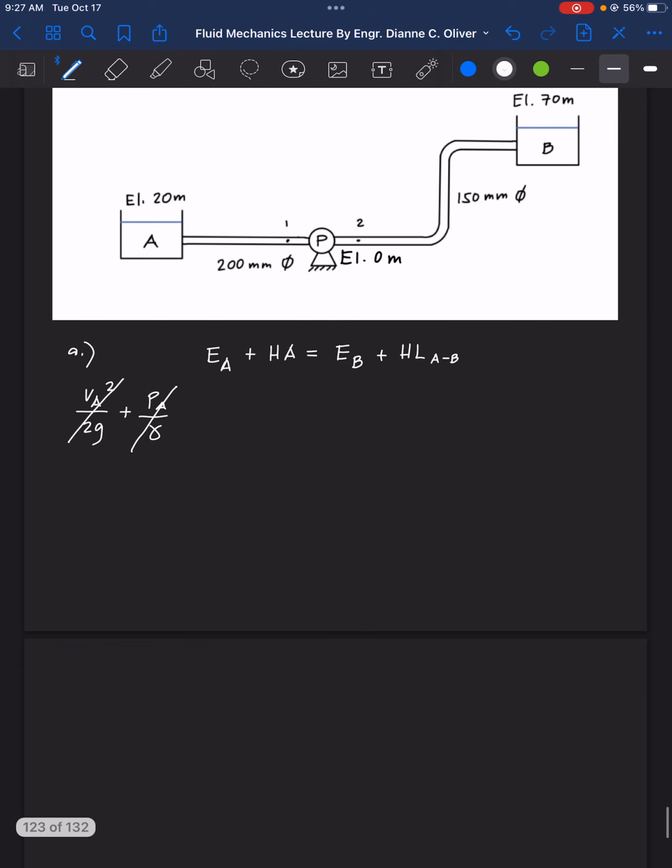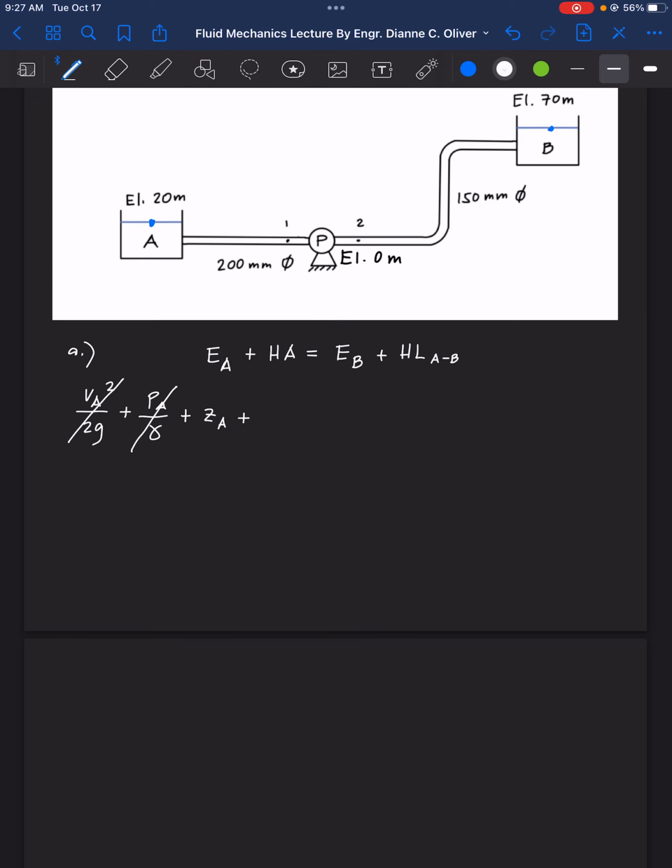As long as the point in question is exposed, which is our point A, only elevation remains. So it's given at elevation here. And for B, they are all exposed to the atmosphere, so there is no velocity head and no pressure head there. As for the elevation, there is elevation there, it's given. So elevation for A, the water at A.